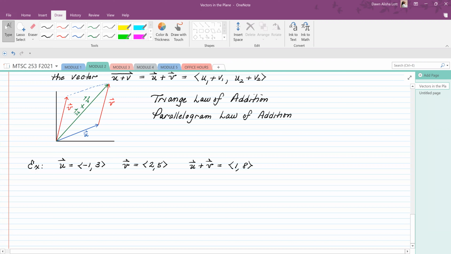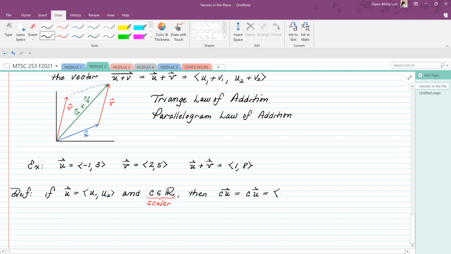All right. Here's a definition. Told you none of this is difficult. If u is the vector u1, u2, and c is a real number, in other words, it's a scalar, then the vector c times u says take c and multiply by the vector u, but that's going to multiply each piece.